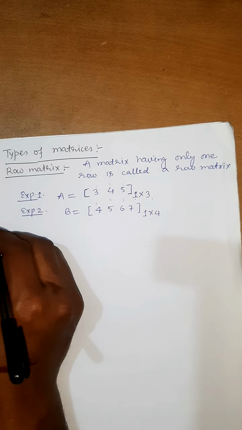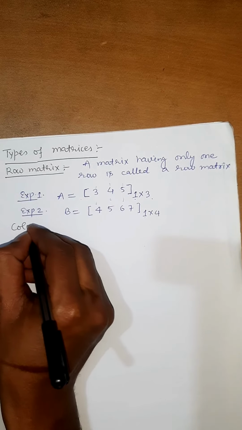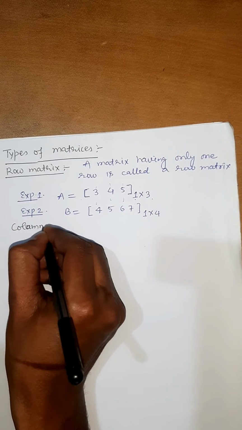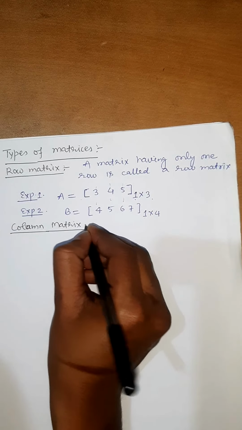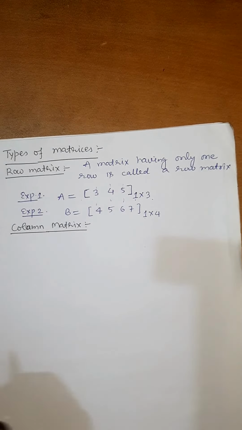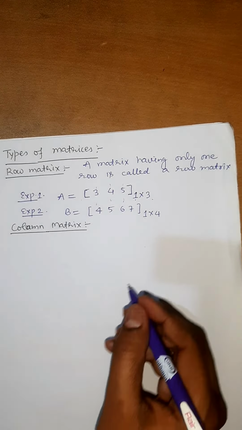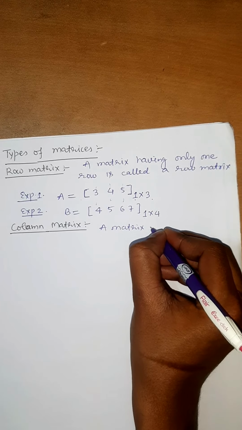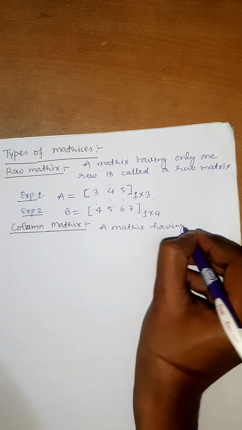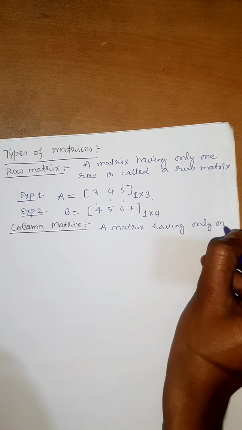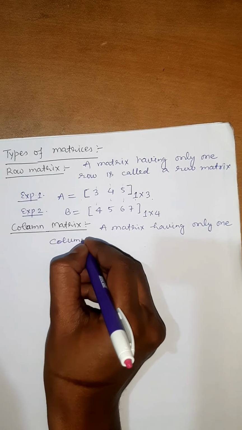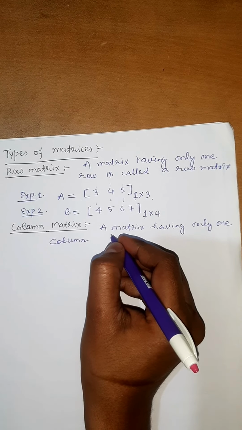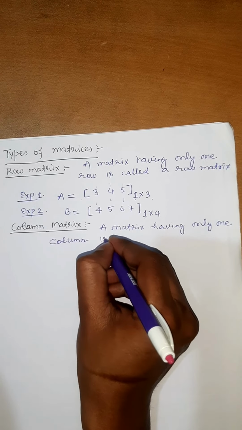The second is column matrix. A matrix having only one column is called a column matrix.